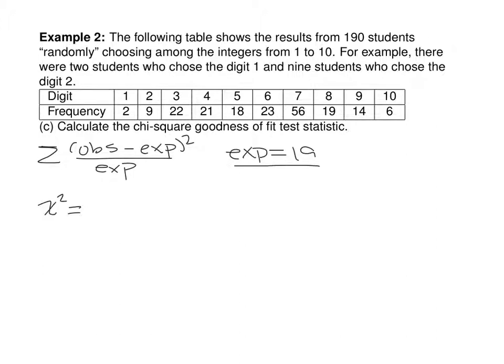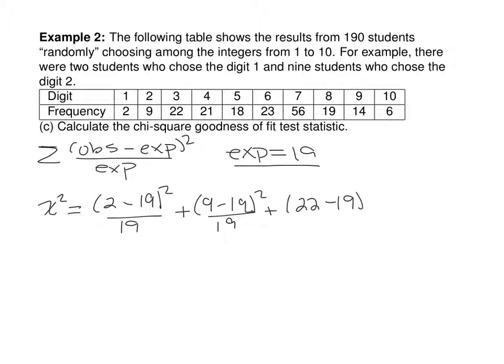So first we have the digit 1. We observed that 2 times, minus an expected value of 19, squared, divided by 19. We observed the number 2 9 times, so 9 minus 19 squared over 19. And keep going. We observed 3 22 times, so 22 minus 19 squared over 19.